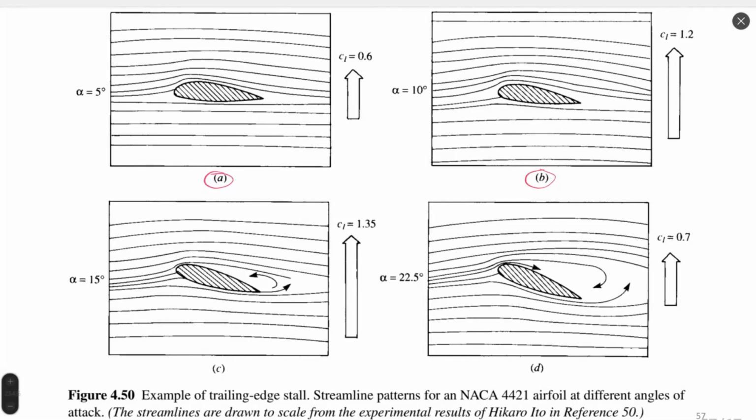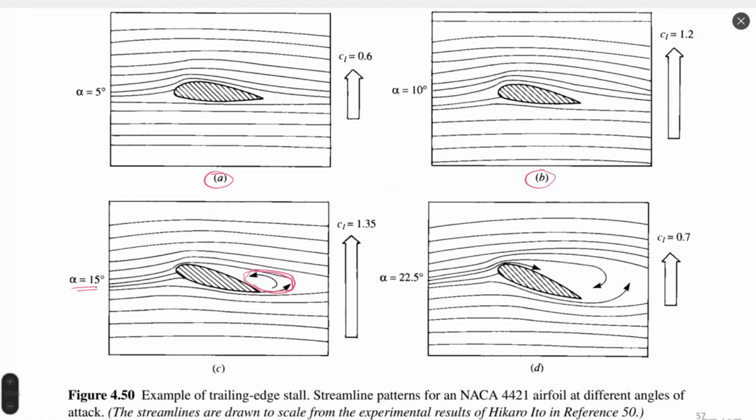Then at 15 degrees flow separation also starts, as in the previous case, but in this case flow separation has a small range, small size. Such a small volume of flow separation is typical for thick airfoils.